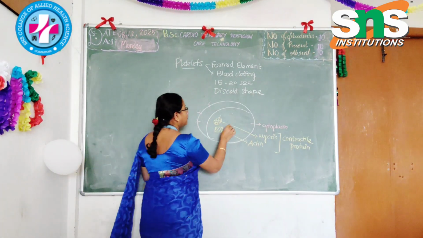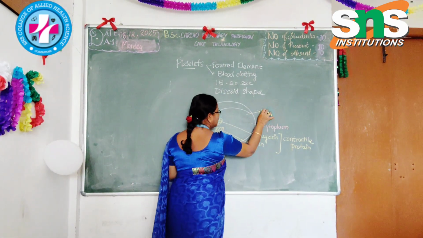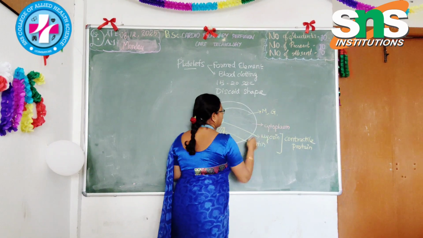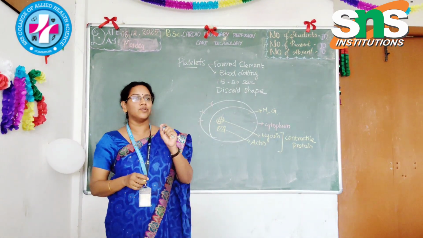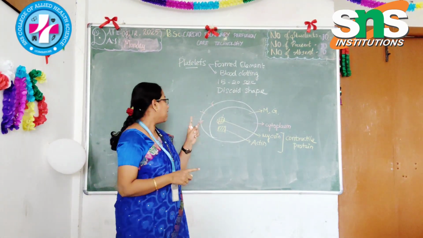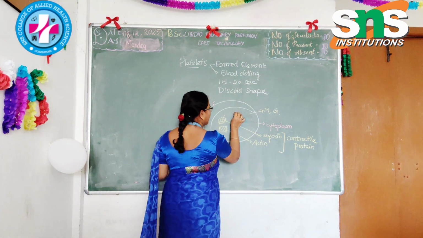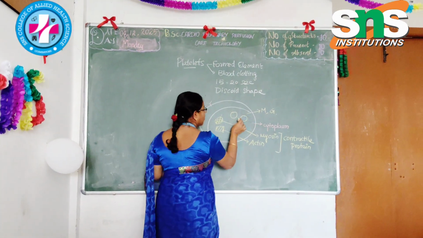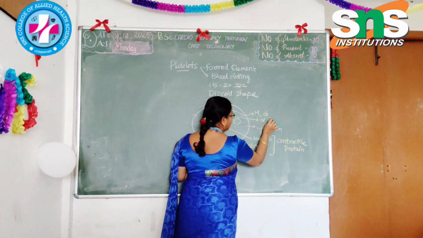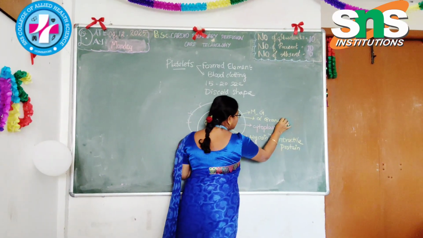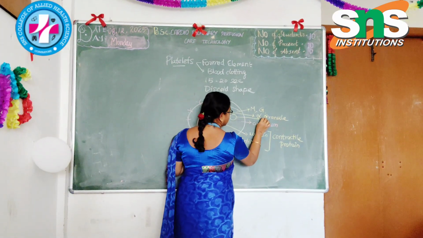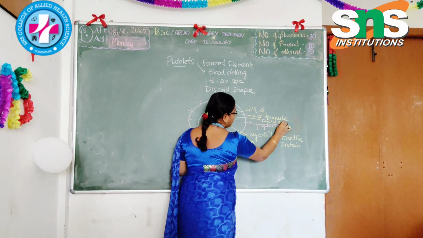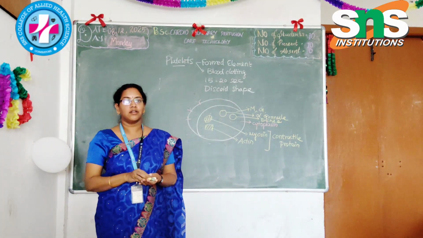And as usual, what cell components are present? Mitochondria, Golgi apparatus and so on will be present. Only the nucleus is absent. And it has two main granules, which are called alpha granules. What is the meaning of granule?